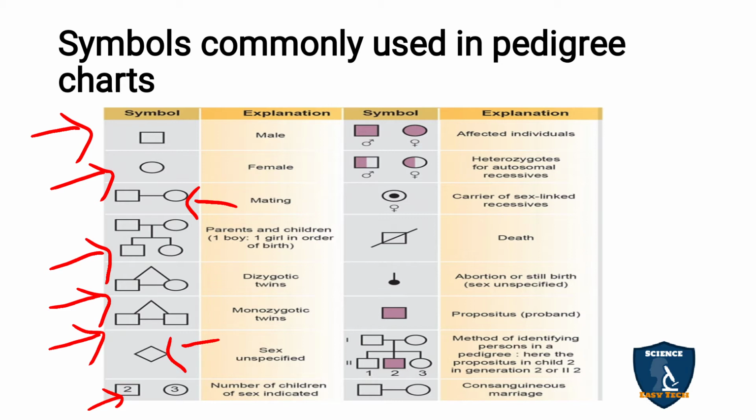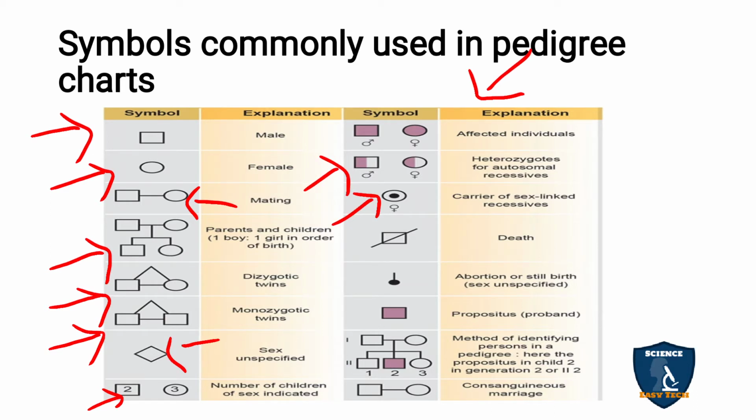Here this is a normal one, but this one is the affected one. The fully colored square and circle are affected individuals. This condition is heterozygous, they are the carriers, and a dot in the circle shows that sex-linked genes are carried.